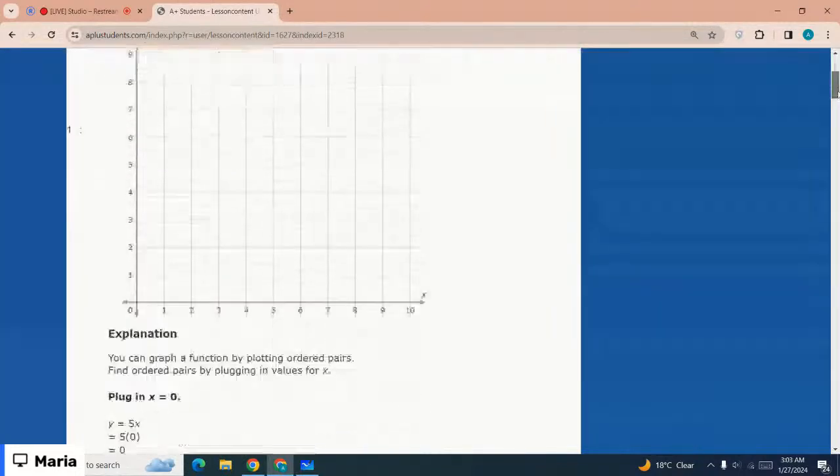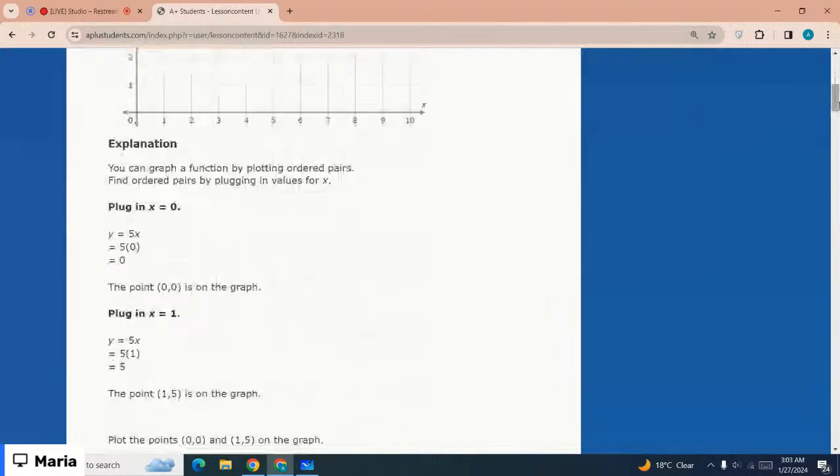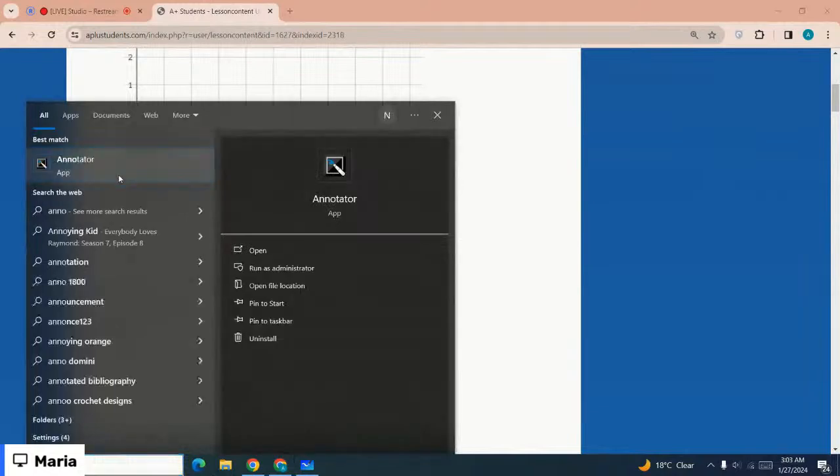You can graph a function by plotting ordered pairs. You have to plot the ordered pairs by plugging in values for x. You have to plug in different values of x in the given function, and then you have to calculate the values of y.